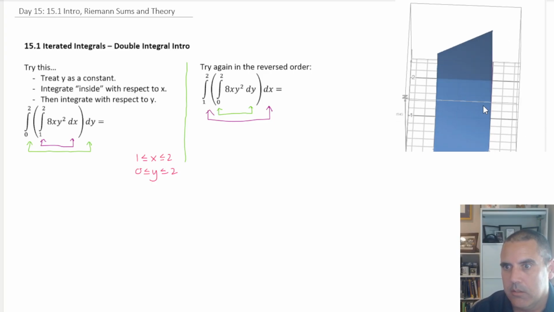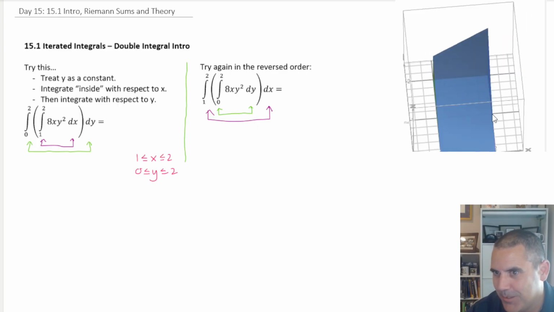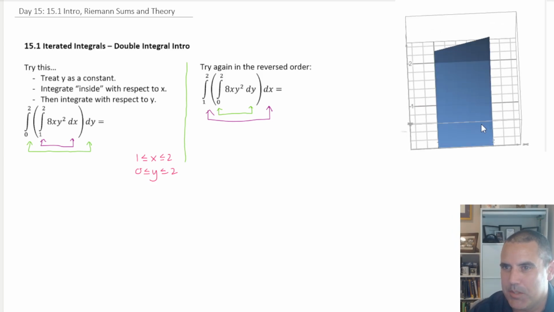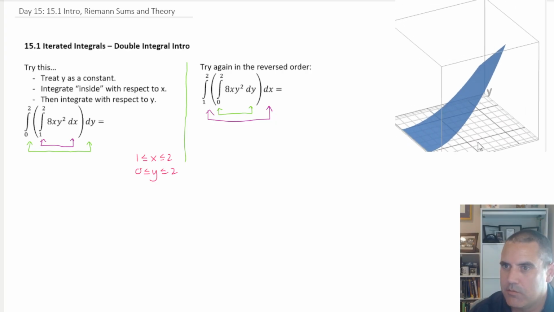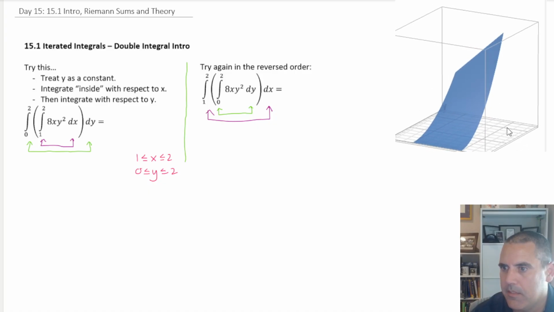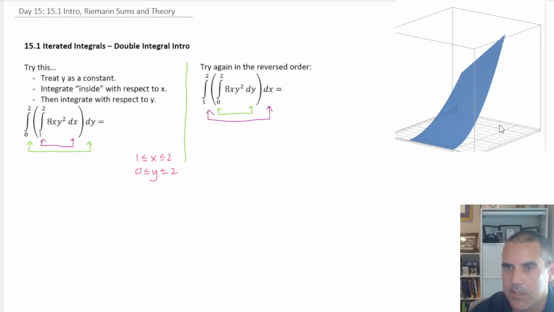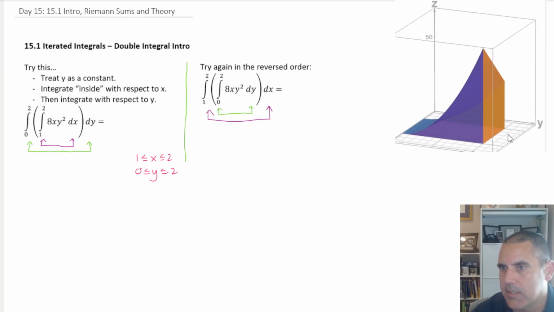I turned it so you couldn't see, but the surface, the blue thing there, is 8xy squared. I've chopped it off so you can just see it. So what we're actually going to do is find the volume between these. That's what we're doing in this section.